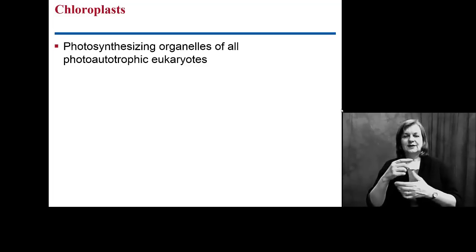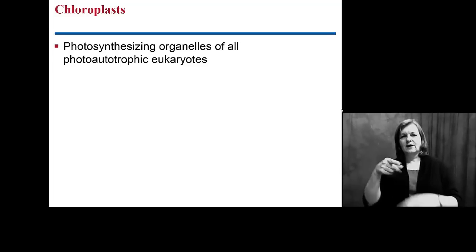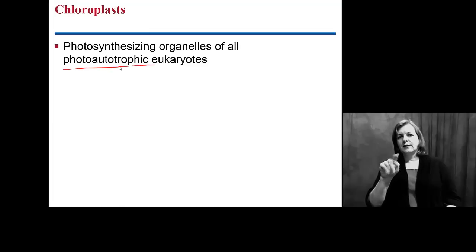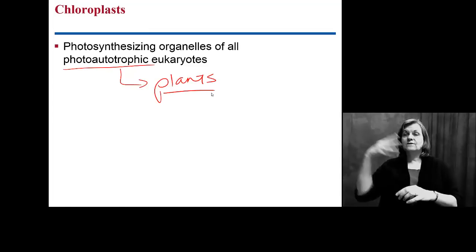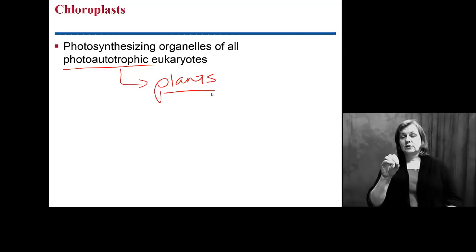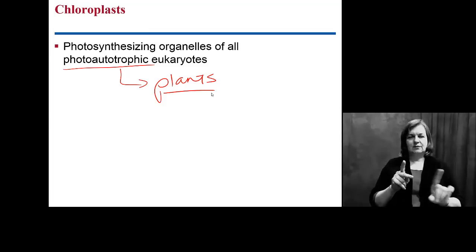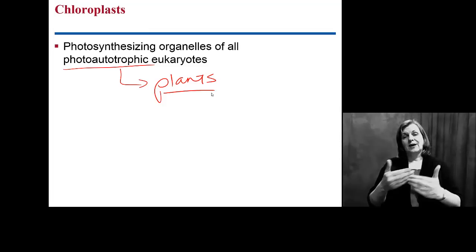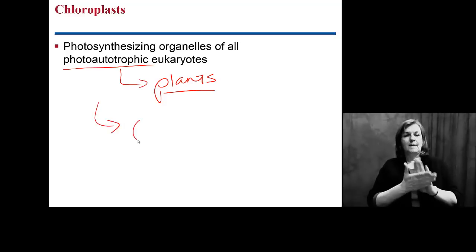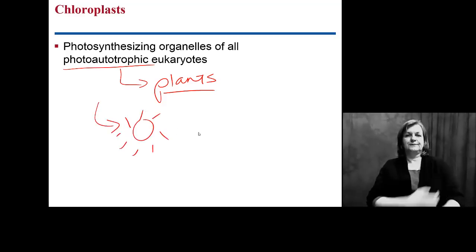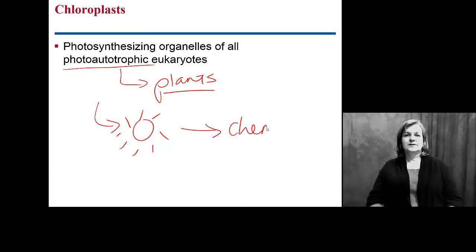Chloroplasts are found in what we call photoautotrophs, a more general term for them would be plants. We look at photosynthesis not as an ATP producer. These are not going to produce cellular energy. They are, however, going to take sunlight and convert it into chemical energy.